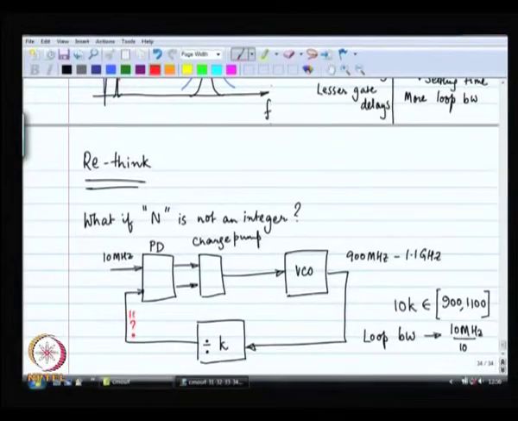So, if this is also a 10 megahertz signal, it may or may not be, it all depends on how I do this division. So, supposing it also looks like a perfect 10 megahertz signal, in that case the spurious tones will appear at a spacing of 10 megahertz.